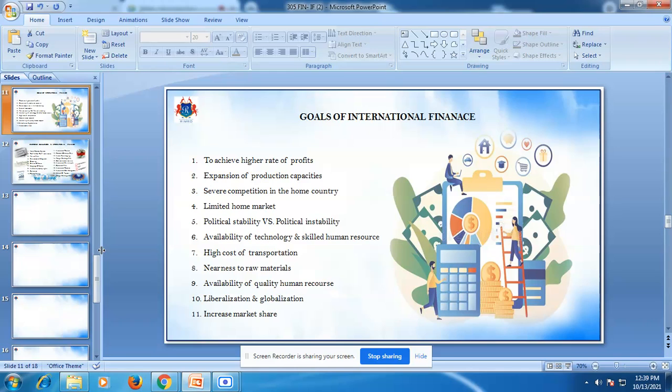We will move to the next goal of international finance. The fifth goal is political stability versus political instability. Political stability does not simply mean the continuation of the same party in power, but the continuation of the same policy of the government for quite a longer period. It is viewed that the USA is a politically stable country.